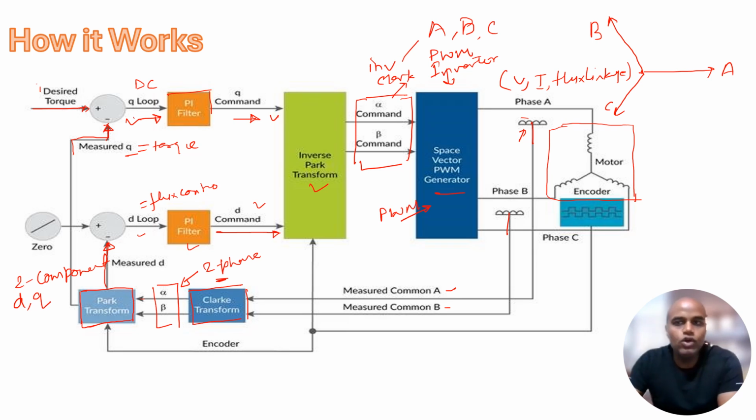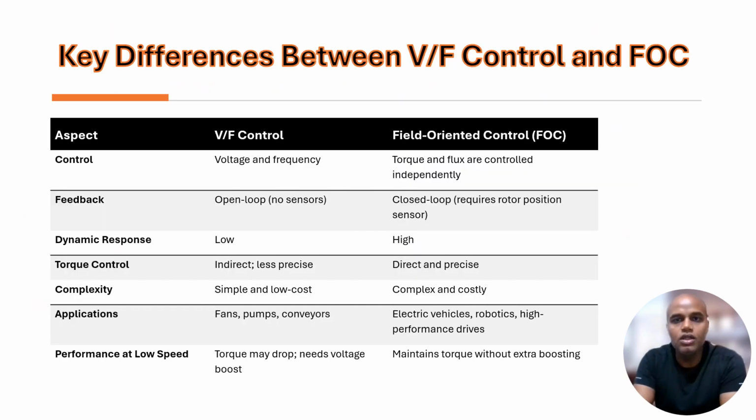However, in this video we have seen how the FOC block diagram is implemented to control the motor; this is vector control. The key differences between V by F control and FOC control: in terms of control, V by F only controls the voltage and the frequency, whereas in FOC, torque and flux control is done independently. For feedback, V by F is open loop, whereas FOC is closed loop.